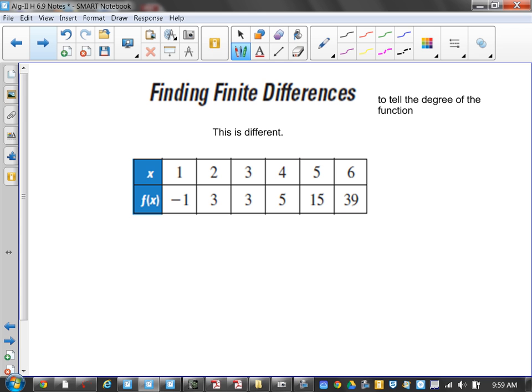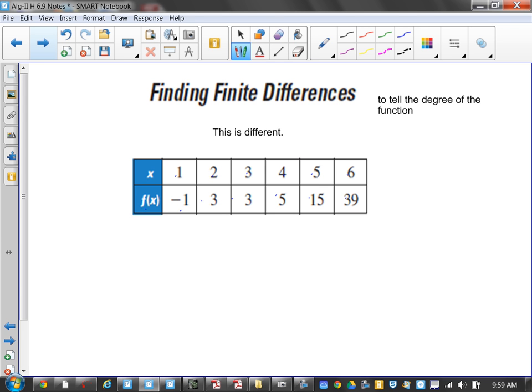It's just subtraction a couple of times. What you're given here is going to be a set of 6 values, 1, 2, 3, 4, 5, 6, and then this is f of x. So this is f of 1, f of 2, f of 3, 4, 5, and 6 respectively. That's all that means.